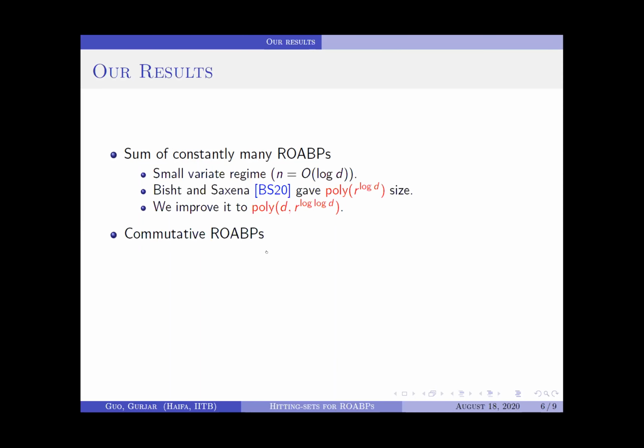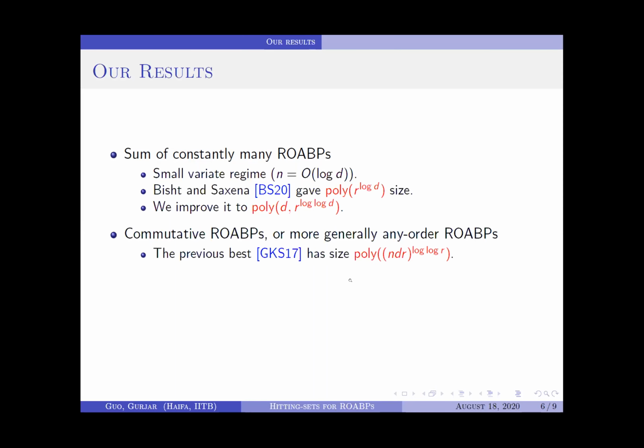Our last result is a construction for more special ROABPs, namely commutative ROABPs, or more generally something called any order ROABPs. The previous best construction for these families of ROABPs has size polynomial in n, d, and r to the log r, and we improve it to polynomial in nd and r to the log r.